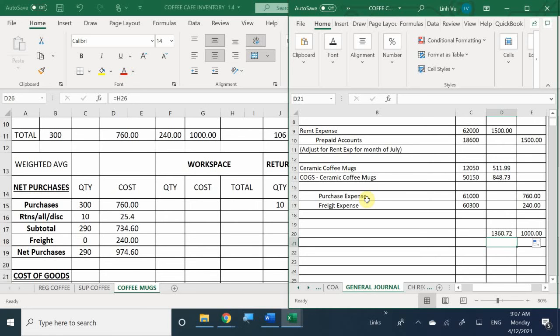Okay. Taxes? No taxes. You guys, this is chapter 5, right? When we convert our periodic inventory, what else do we need to recognize?